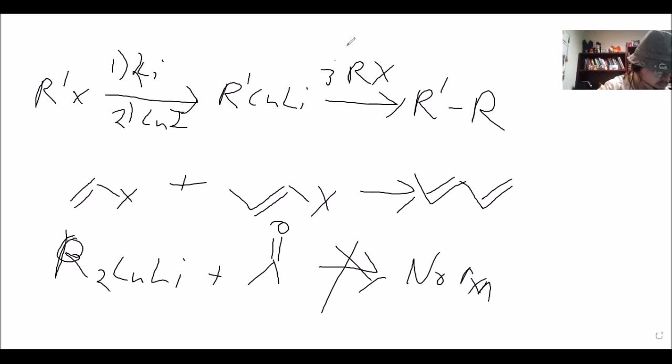However, we can add this to acyl halides. So R2CuLi, if I add this to acyl chloride, what am I going to get?